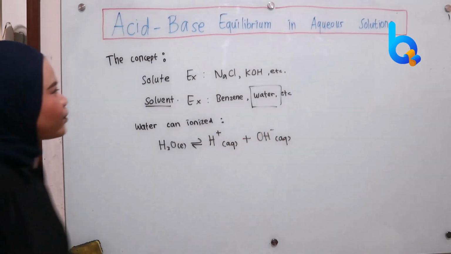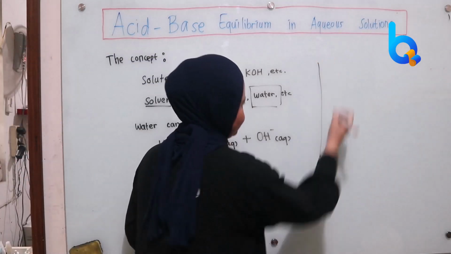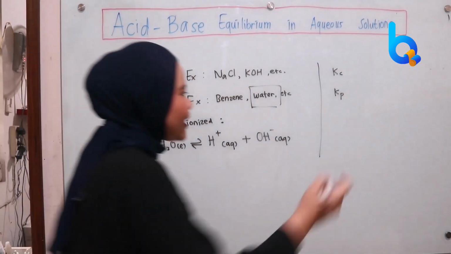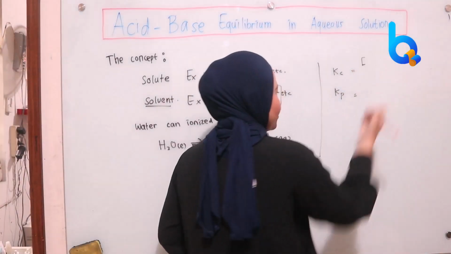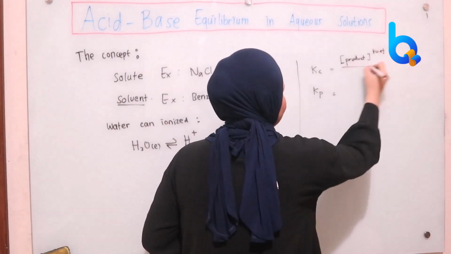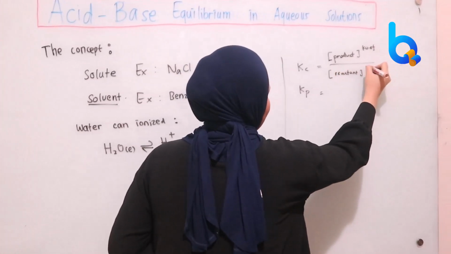And then we know the general properties of equilibrium, which I just want to mention, Kc, Kp, etc. We know that the equation is the concentration of products to the power of their coefficients, divided by the concentration of reactants to the power of their coefficients.